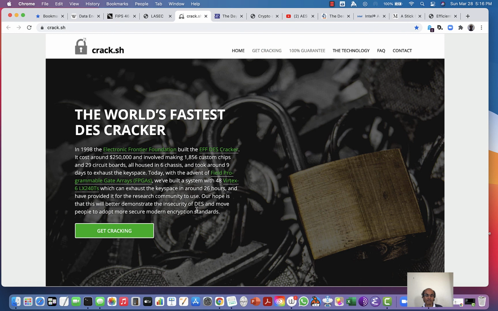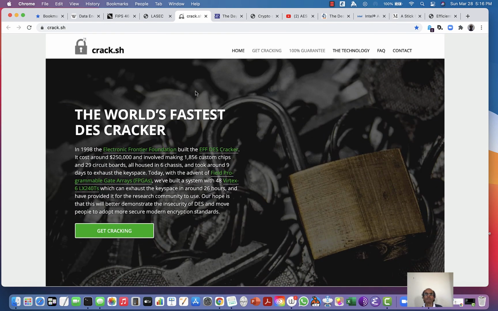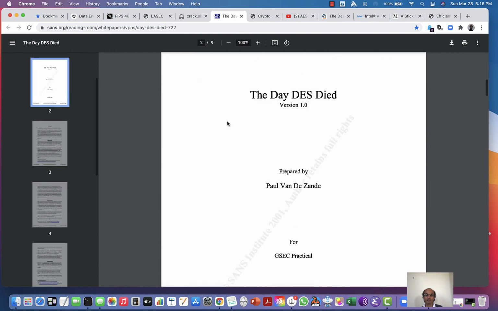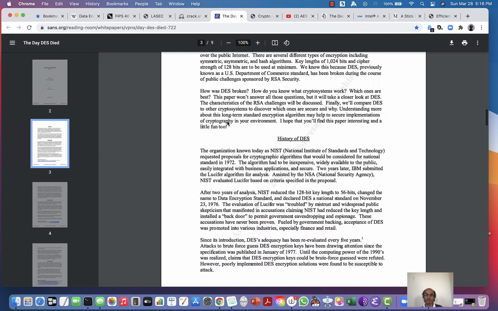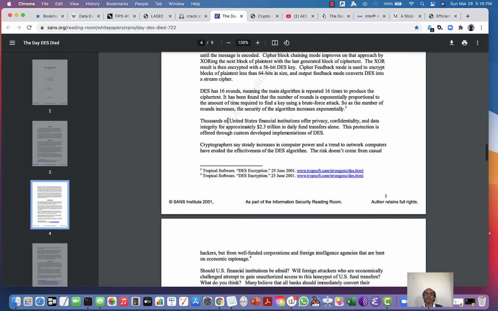And they're hoping that this will demonstrate the insecurity of DES and motivate people to adopt better standards. This is a nice little story about the day DES died. It just tells the history of how it felt to see those attacks and finally see that, okay, we really just have to give up on this. Okay, let's stop there.